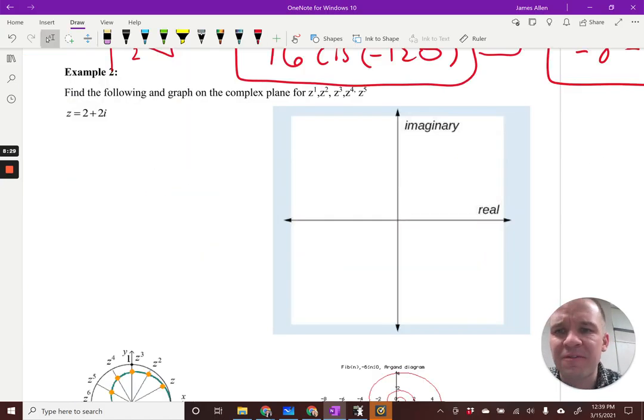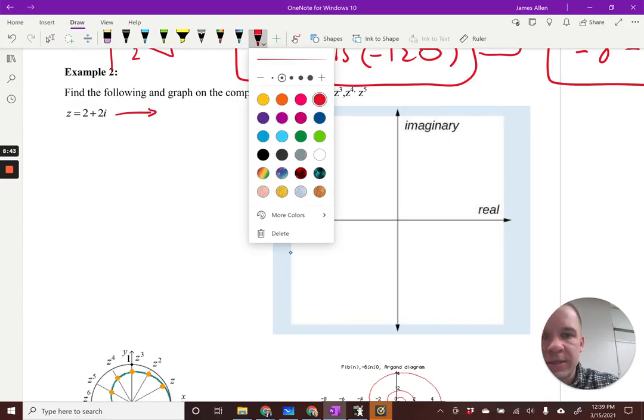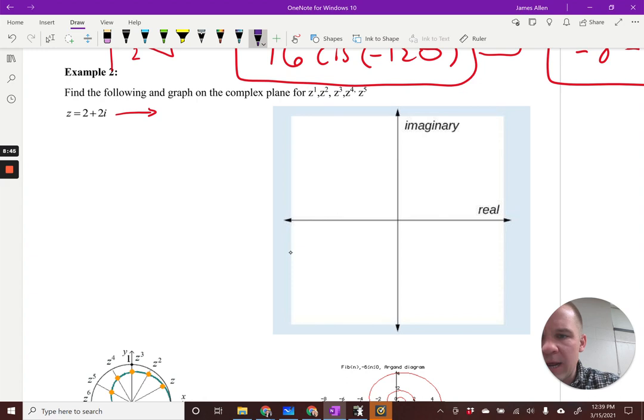All right, so we want to find the following and graph on the complex plane for z to the first, z to the second, and so on and so forth. We got z to the first. So what I'm thinking we'll want to do, since we're going to be raising these to powers, we're going to want to convert to polar. Okay? So let's do that. And what we're going to have is, if I were to draw this out, it'd be 2 and 2, which would be 2 root 2, because this is a 45-45-90, which answers another question, 45, right?